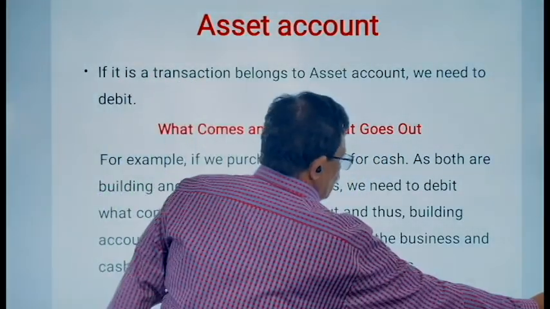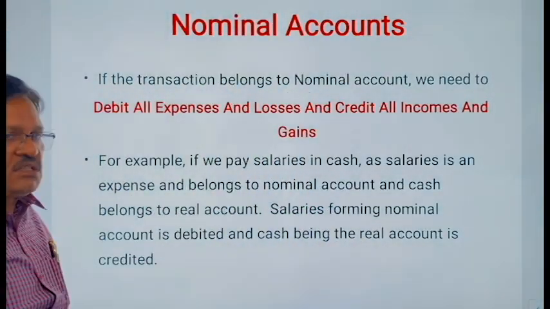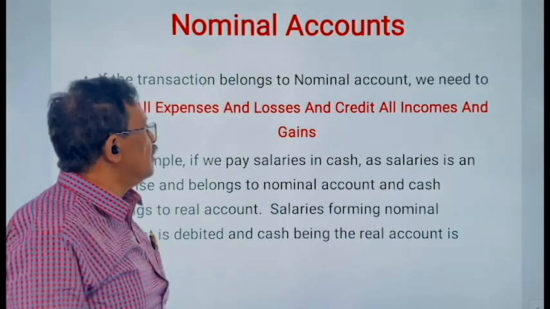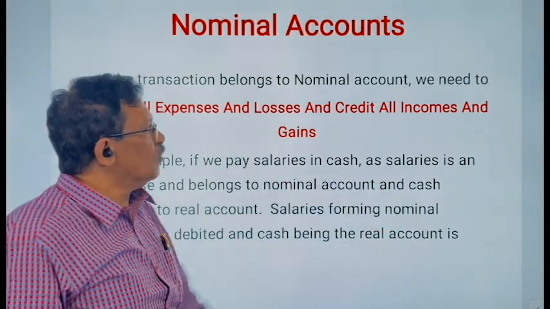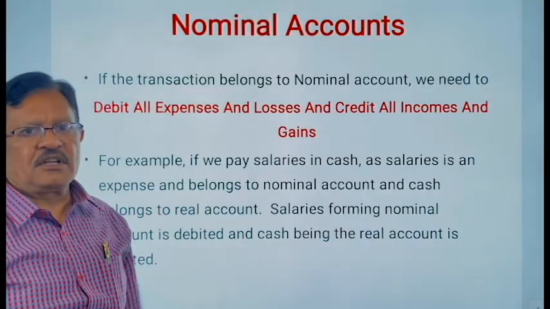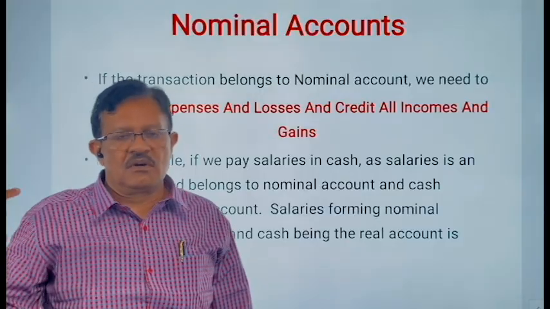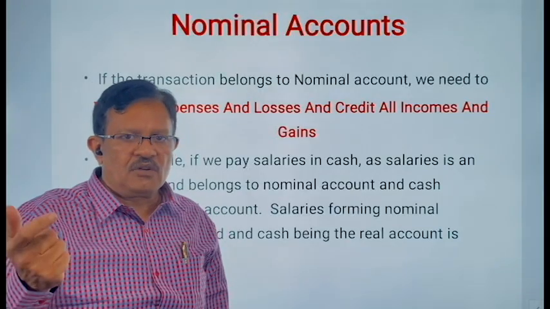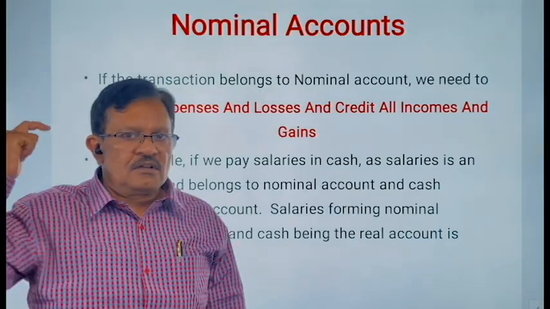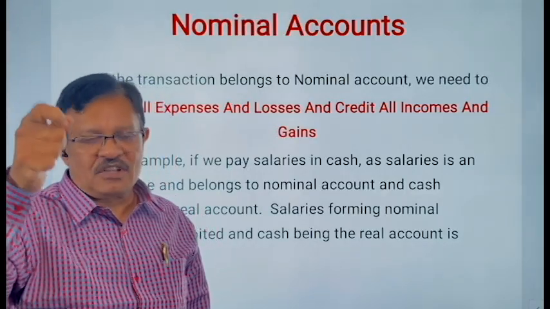When it is related to a nominal account, all the expenses and losses need to be debited, and we need to credit all the incomes and gains. If you know these three rules relating to personal accounts, real accounts, and nominal accounts, you are going to get 100% in the accounting subject.